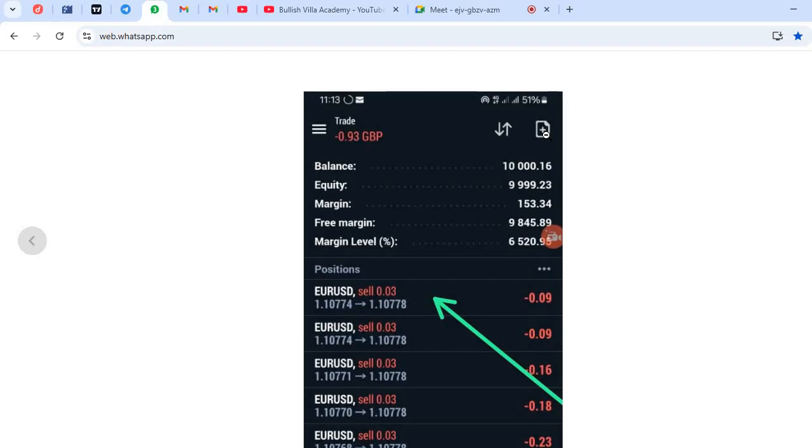Once you click on that cross, there's a place where you can type a currency pair. What is showing is Forex indicator standard. Okay, screenshot what you have and send to me.